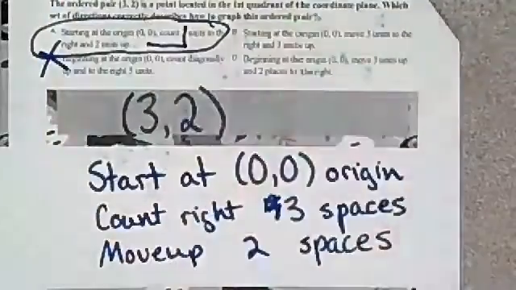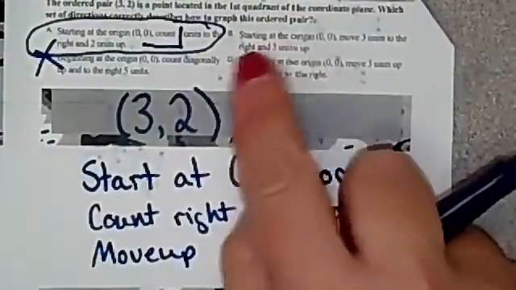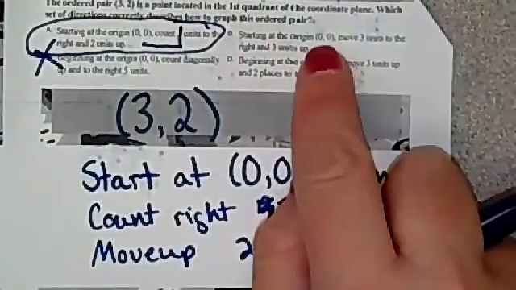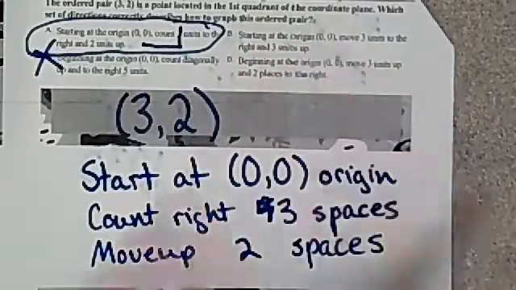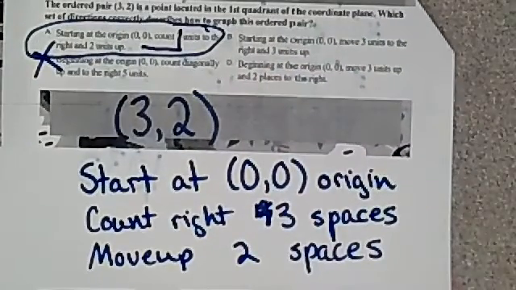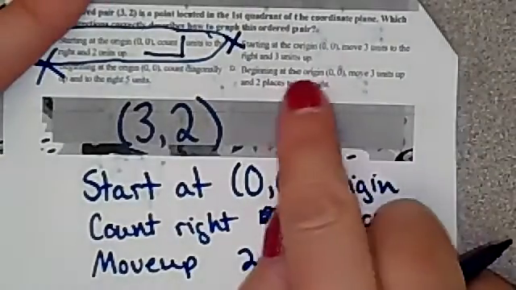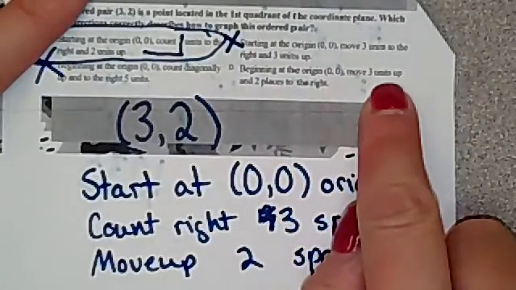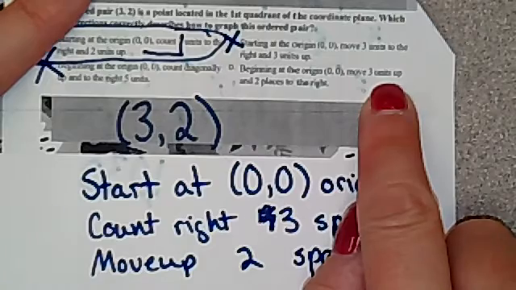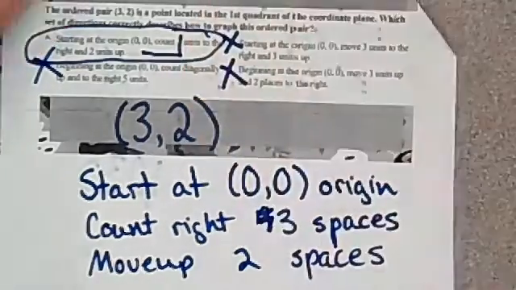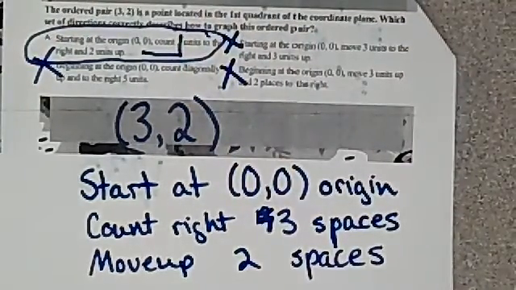That's not right. All right. It is not start at the origin, move 3 right and 3 up, because our coordinates are not 3, 3, are they? And it is not start at the origin, go up 3 and then over 2. That's not going to work. So the only one that works is A.